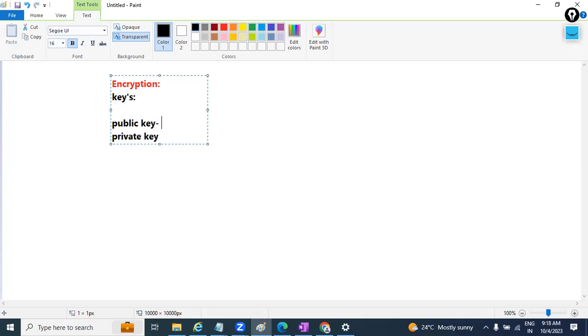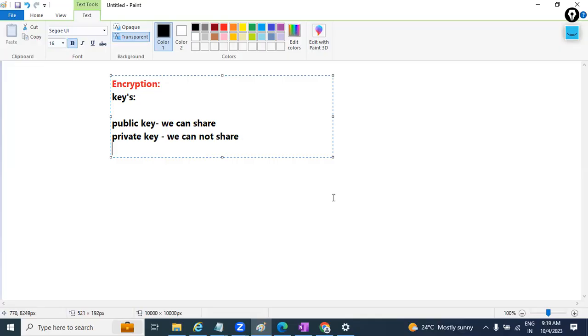Public key we can share, okay, and the private key we cannot share. Okay, clear or not? Note it down, because now which concept comes into the role here? Keys. One concept we have public key and second we have private key here.